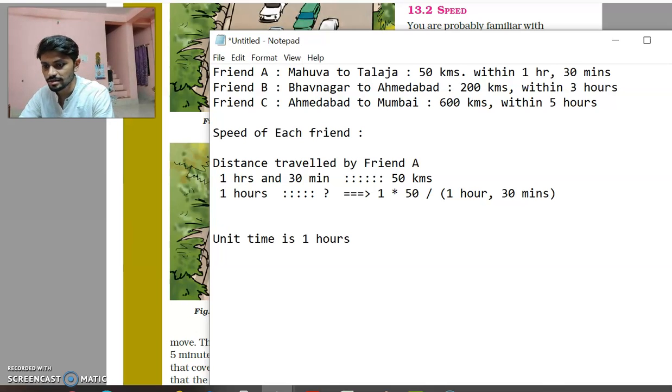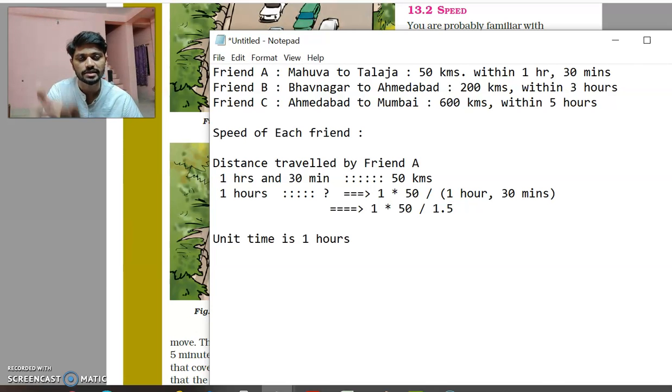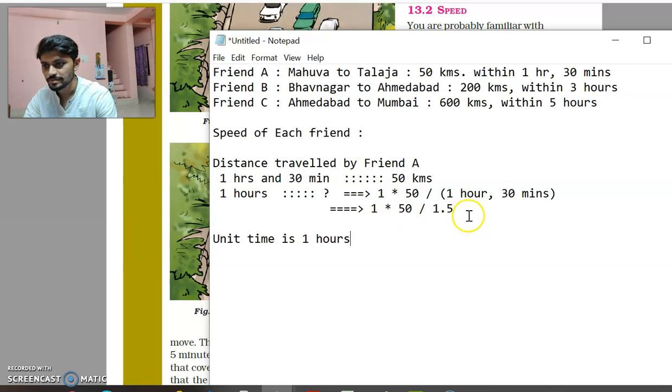That is nothing but 1 into 50 divided by 1.5. 1.5 came because 1 hour and 30 minutes, and 30 minutes is half an hour. Hence, 50 divided by 1.5.